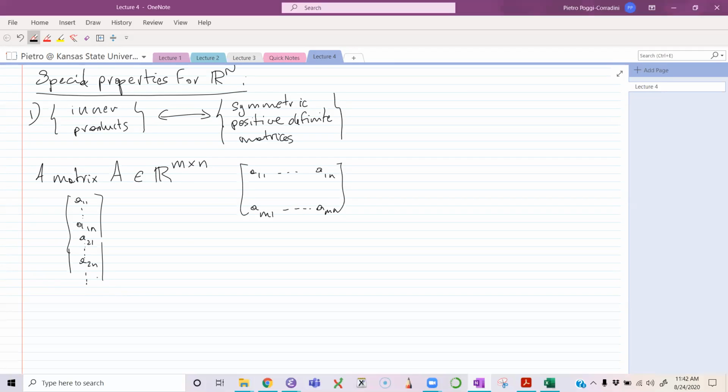But we'll use this small abusive notation, and we will use this m times n to mean a matrix with m rows and n columns. Questions so far?